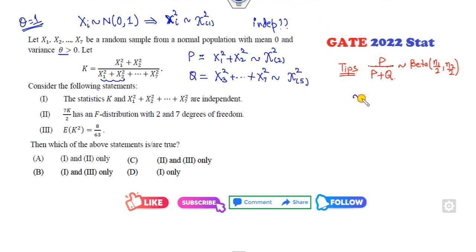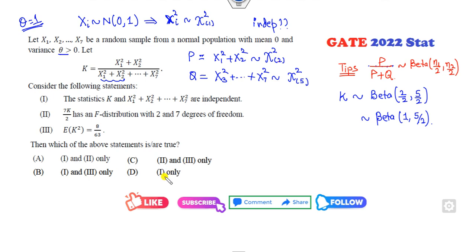So this ratio K will follow my beta distribution with 2 over 2 and 5 over 2. So that means it follows my beta distribution of 1 comma 5 by 2.